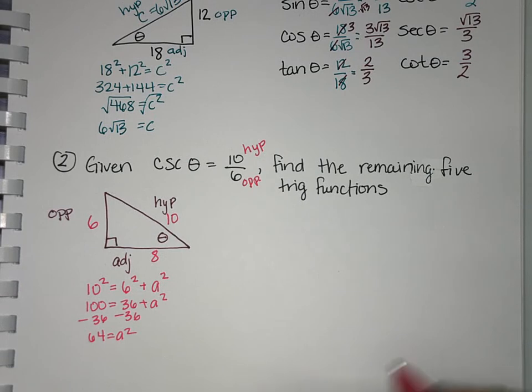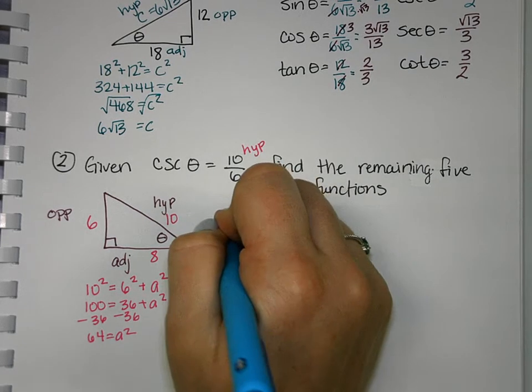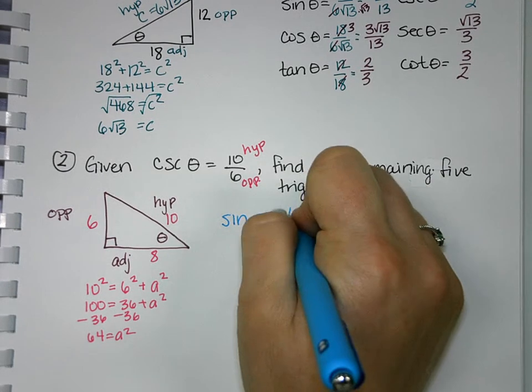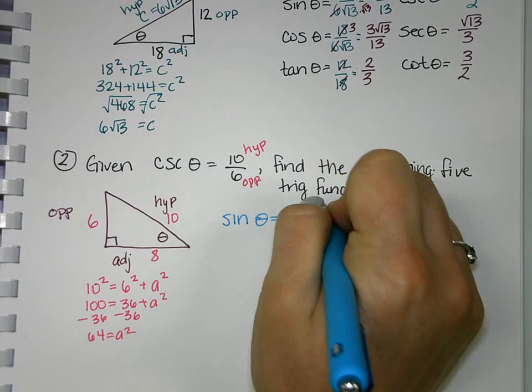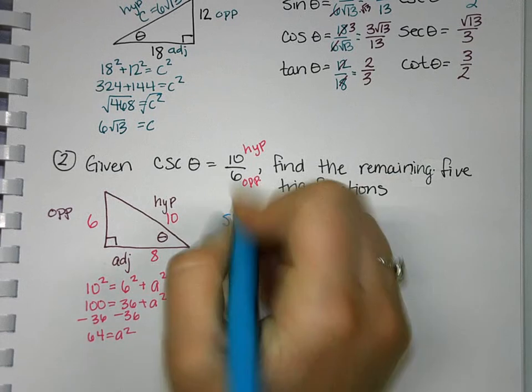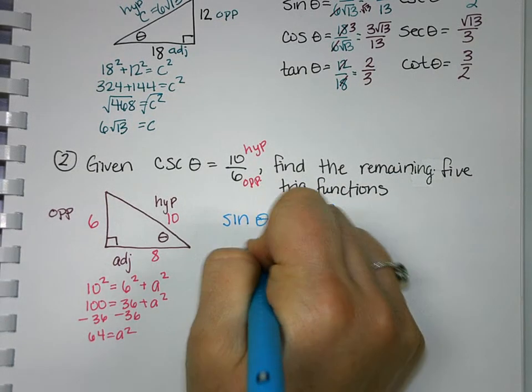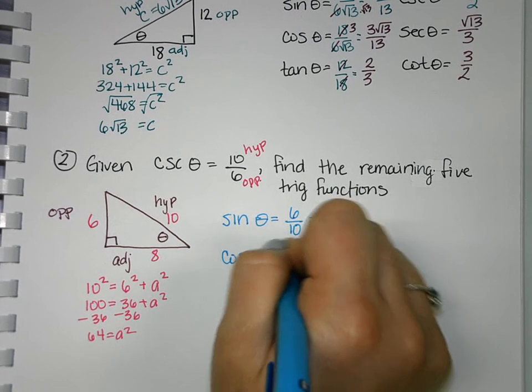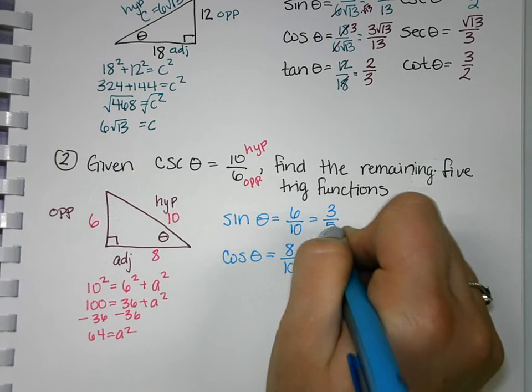So if I'm going to go next to find my remaining trig functions, I can find my sine of theta is 6 over 10, which I can reduce to 3 over 5. My cosine of theta would be adjacent, so that's 8 over 10, which reduces to 4 over 5.